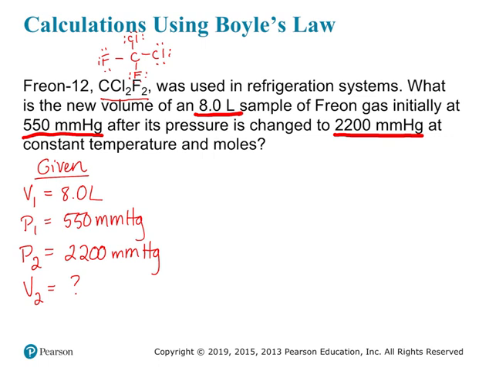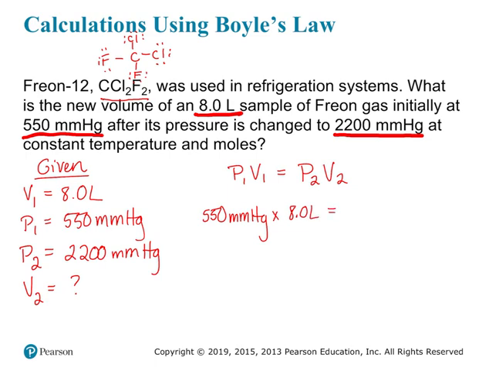Okay, so now we're going to use Boyle's law, which again is P1V1 equals P2V2. And we're just going to plug in this information we've been given. So we'll multiply 550 millimeters of mercury times V1, which is 8 liters.